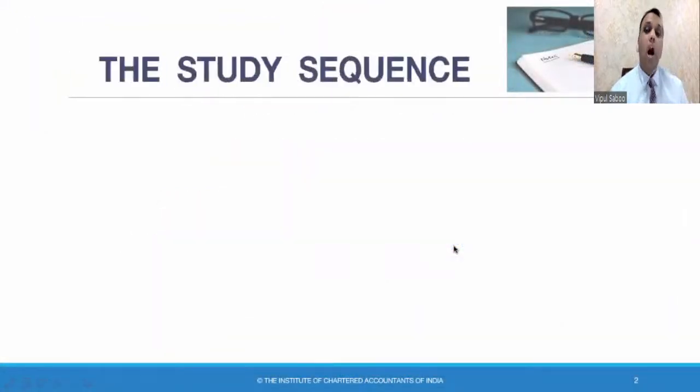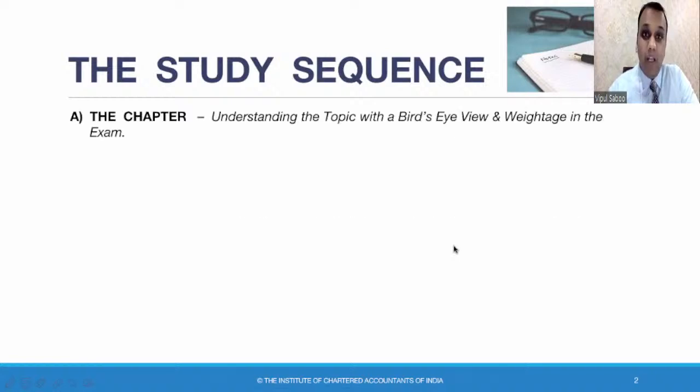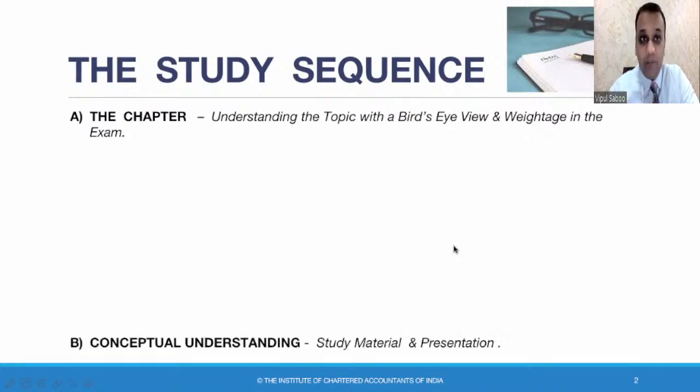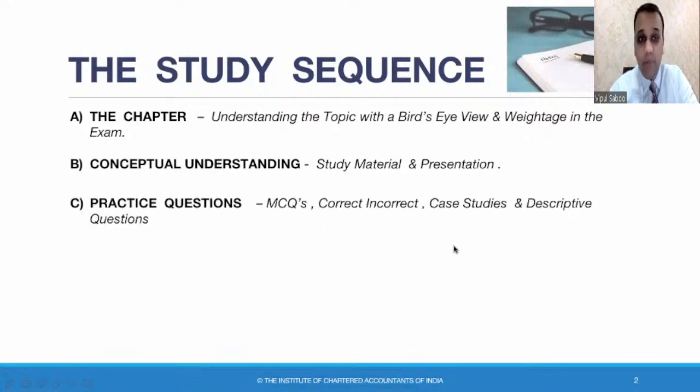So how are we going to study this chapter? We'll understand the topic automated environment with a bird's eye view, and we'll also study what is the weightage of this chapter in the exams. Then we have our study material and this presentation to conceptually understand each and every topic.